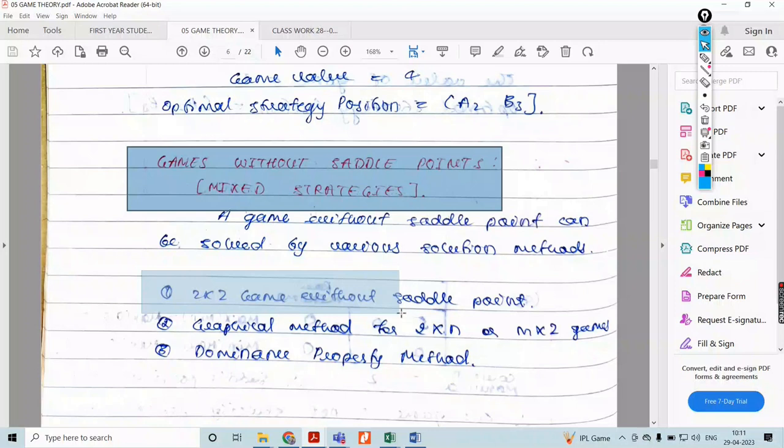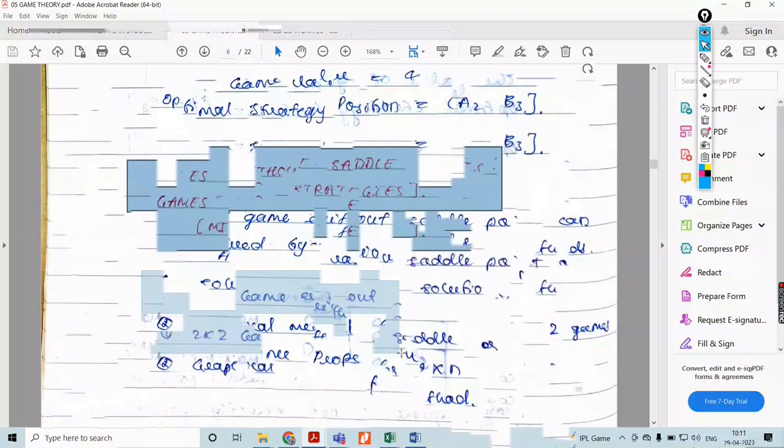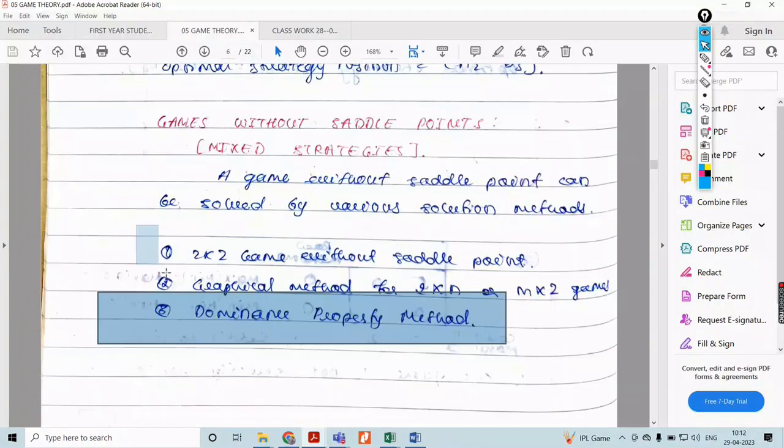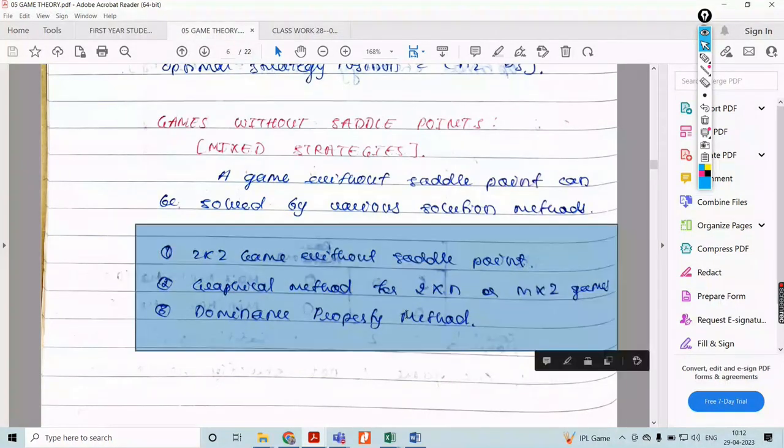In that situation we can use this method. Another one is the graphical method for 2xn and mx2, by the use of the dominance property. These are the three most commonly used methods to solve games by the use of mixed strategies itself.